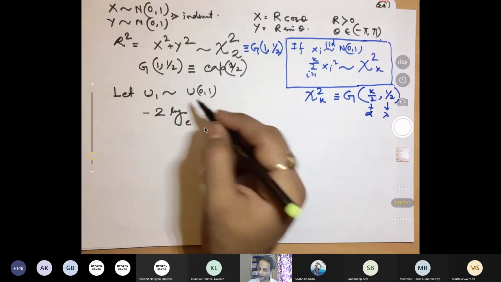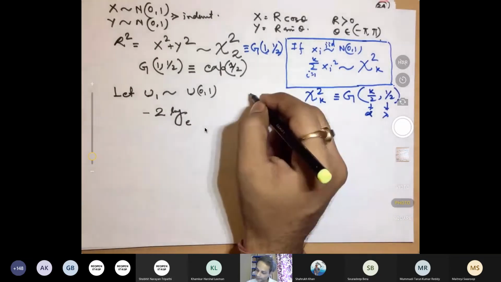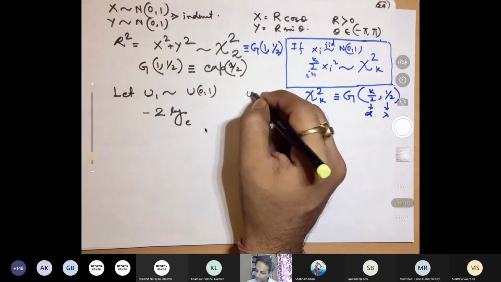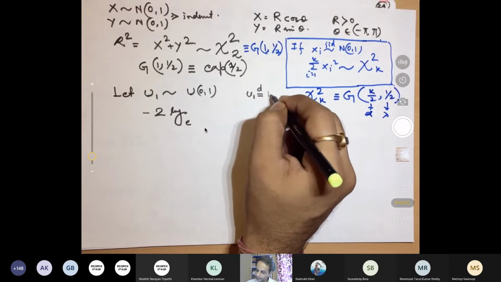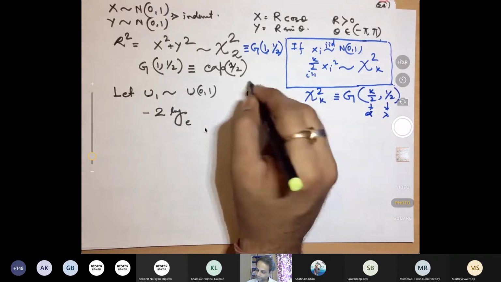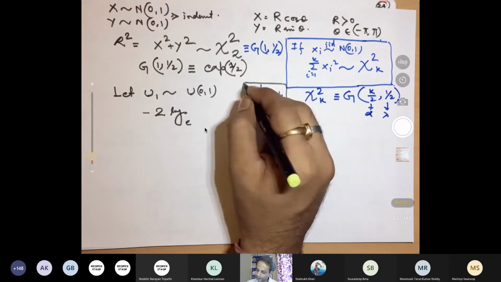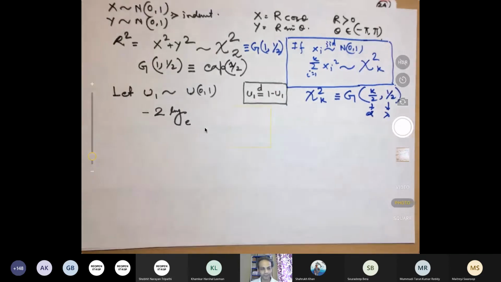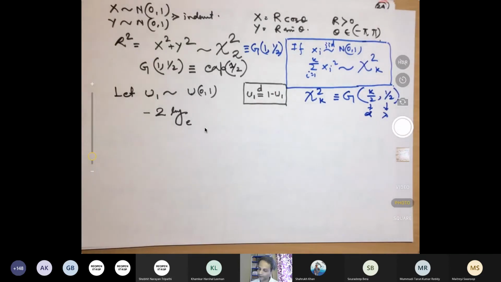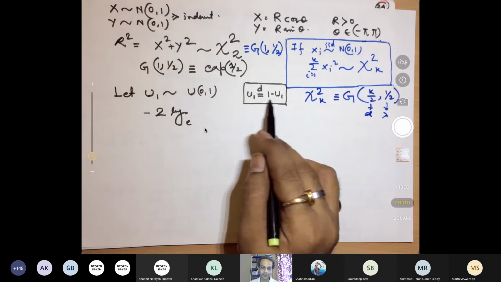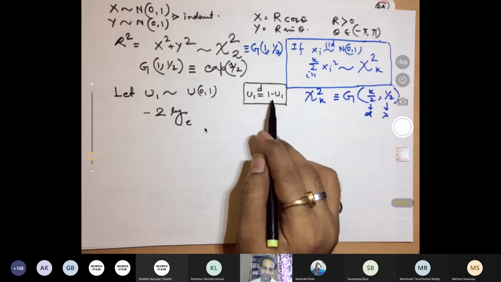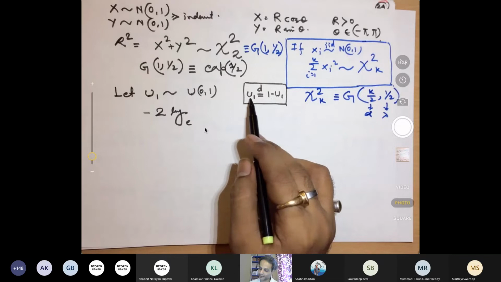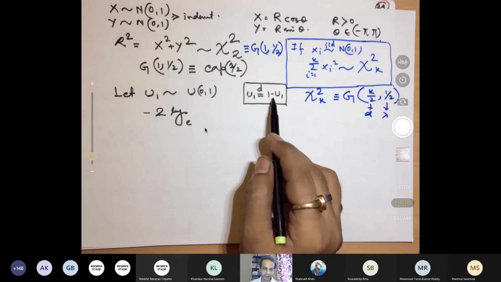But notice that U1 is distributionally the same as 1 minus U1. This notation stands for they are distributionally the same; their CDFs are the same. That doesn't mean U1 equals 1 minus U1.